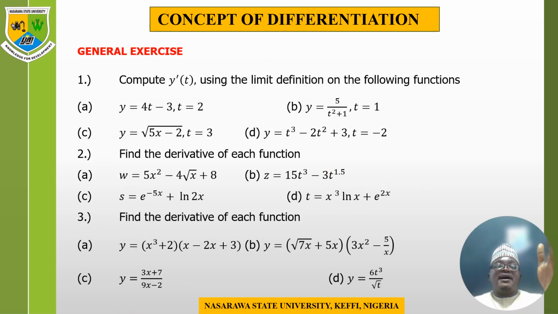The same example, you can solve the previous number 1 and number 2 using the other one. Then look at the exercises that you can do. Look at the first one. We say compute: you find the derivative with respect to t, using the limit definition, of the following function. You differentiate this one at t equal to 1, at t equal to 2.